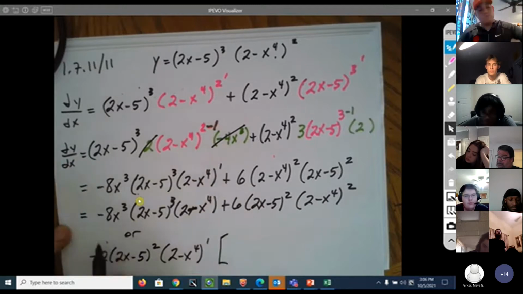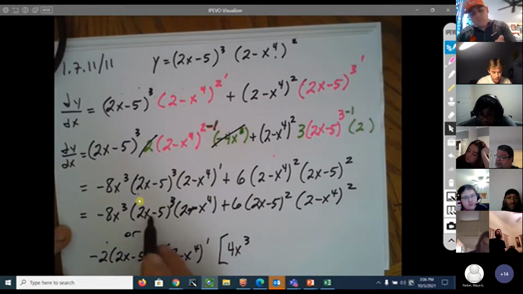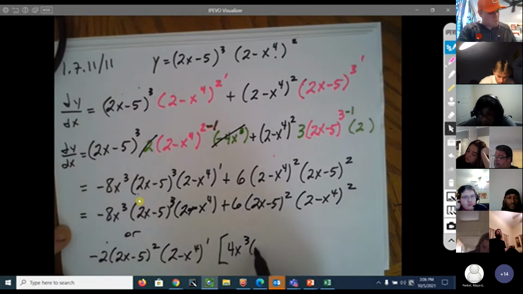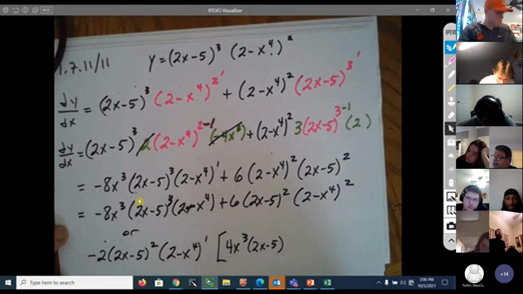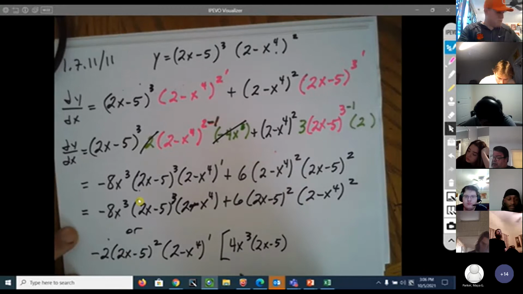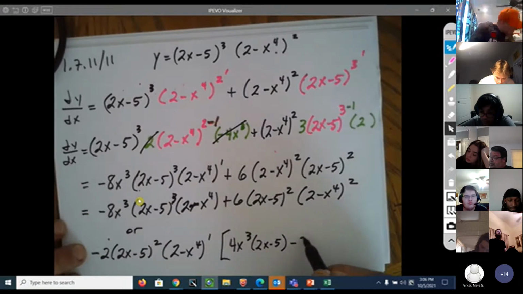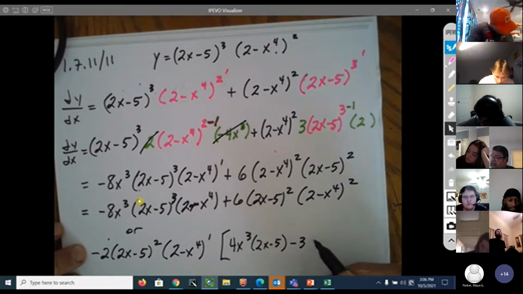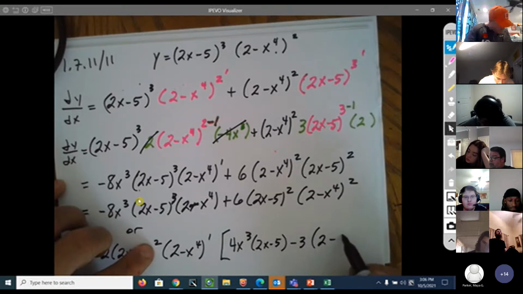And that's going to give me 4x cubed, and that's going to be 2x minus 5. And then that's going to be a minus 4 or minus 3. And that's going to go out, and that's going to leave 2 minus x to the 4th.